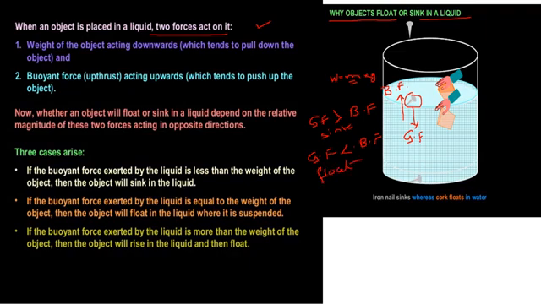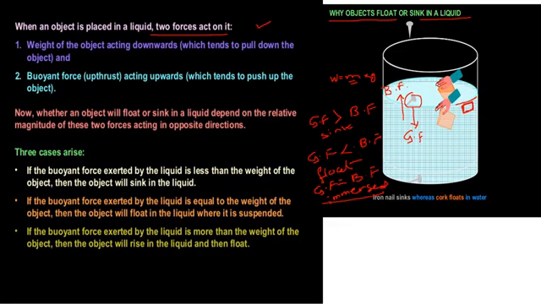Okay, and when the gravitational force is equal to the buoyant force, then the object will be immersed. Okay, object will immerse. Immerse means if this is the level of the liquid, the object will be here at a very constant place. It will stay here. That's it.